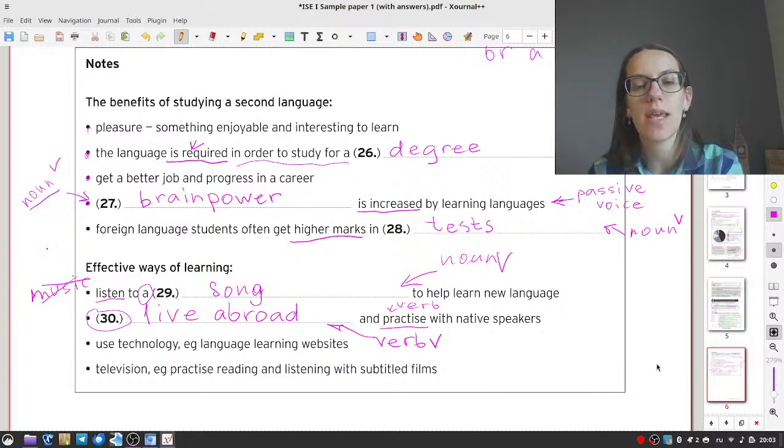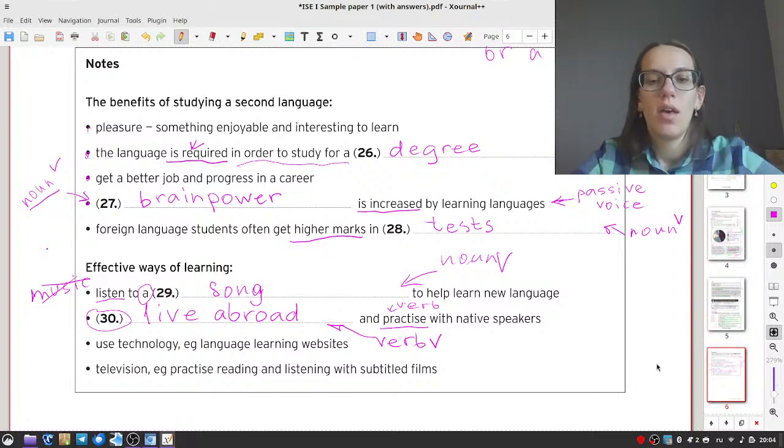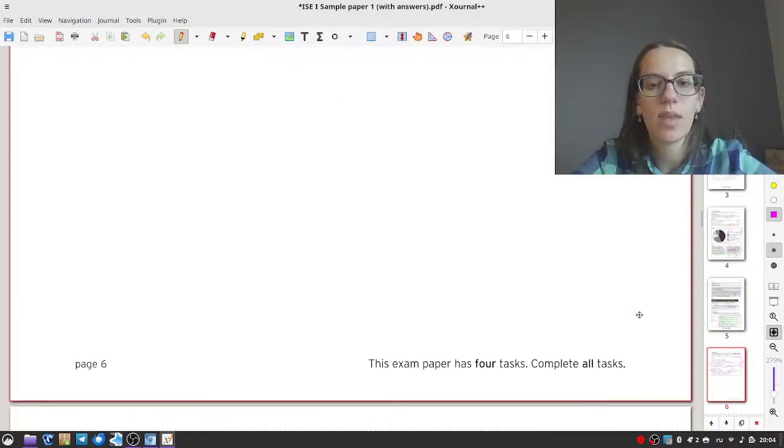You have to use the exact words from the text. You can use 1 word or 2 words or 3 words, a phrase. Maximum 3 words, so you can't use 4 words, for example, only 3 maximum. Or you can also use a number. And you fill in the gaps here. So we've done all of that.